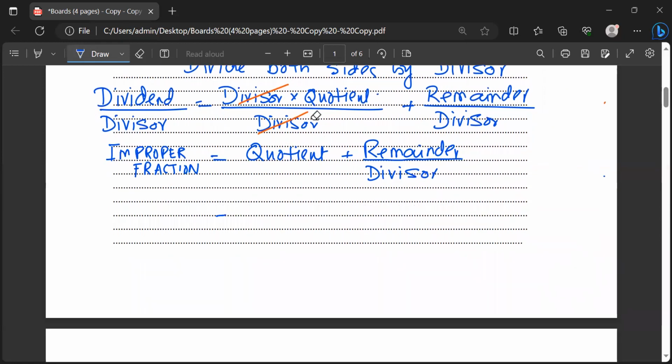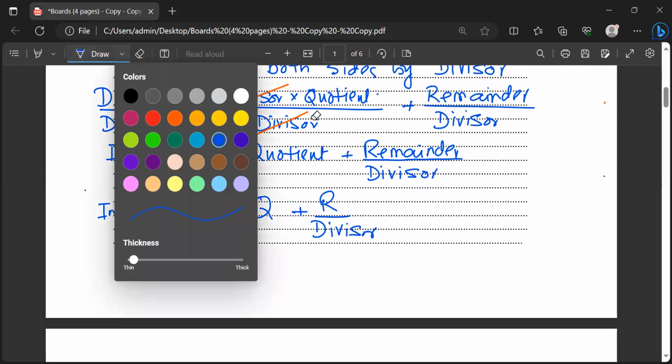So any improper fraction can be written as Q for quotient, R for remainder over divisor. So keep in mind that any improper fraction can be written as quotient plus remainder over divisor, if there's some remainder there.